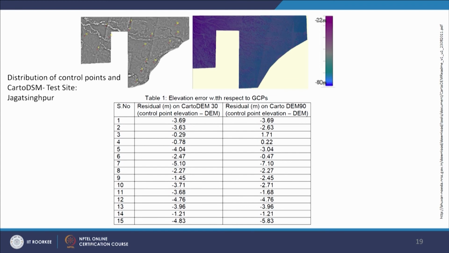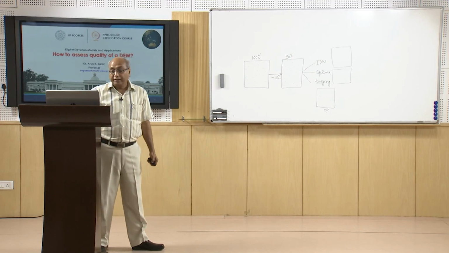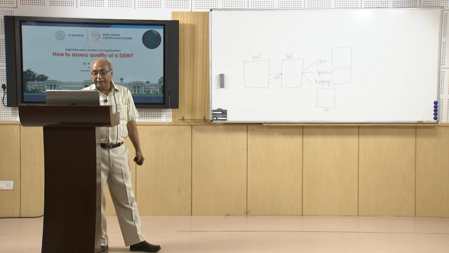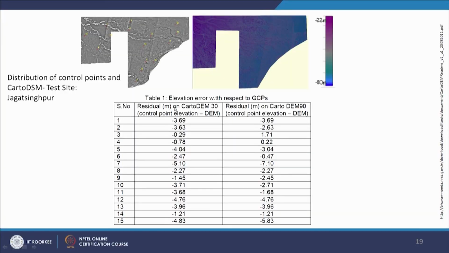These control points, as I was mentioning, for the Cartosat digital surface model, and these exercises were done using the GCP library of NRSA. This is one area where you can see, at different spatial resolutions, what residuals or RMSE you get for one data set.